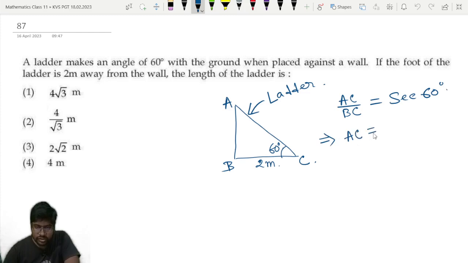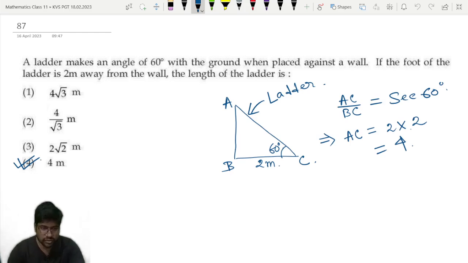AC is equal to BC, already we know 2 meters, so 2 into sec 60 degree. What is cos 60 degree? Cos 60 degree is half, yes. Sin 60 degree is root 3 by 2. So sec 60 degree will be equal to 2. So 2 into 2 is equal to 4. So AC is 4 meters, the length of the ladder is 4 meters. Option 4 is the correct answer.